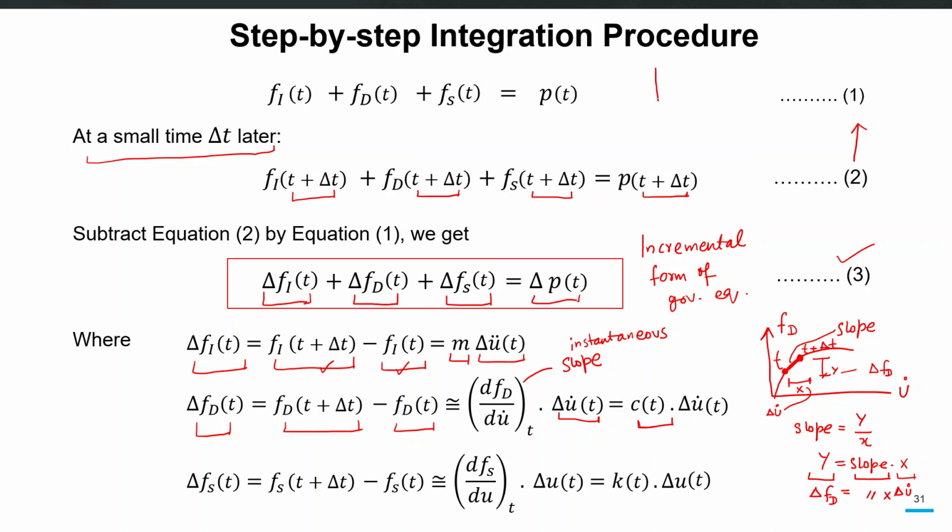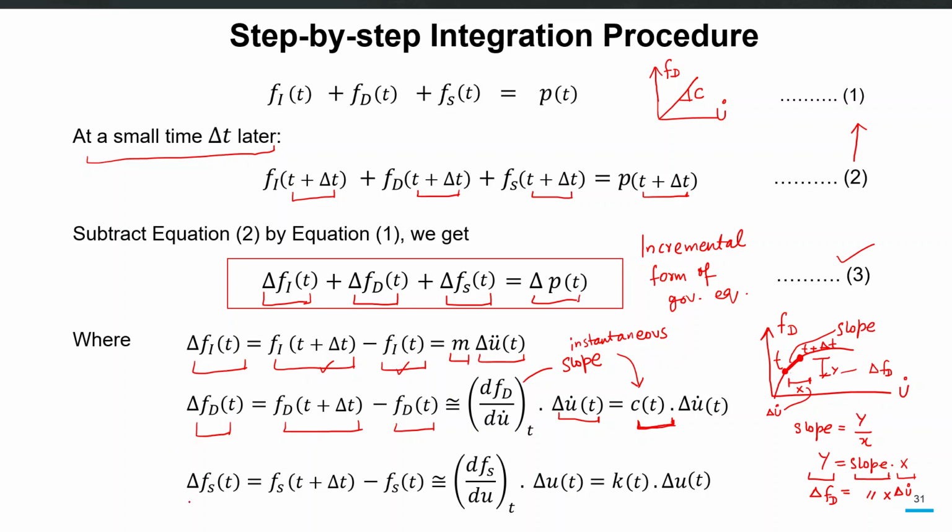For the linear case, we have always assumed that the relationship between fd and u dot is linear forever with a constant slope equal to small c, which is the constant between fd and u dot. But now we have this c of t, which is not constant now, and it is a function of time now, and it is defined as the instantaneous slope at any time interval of the function between fd and u dot.